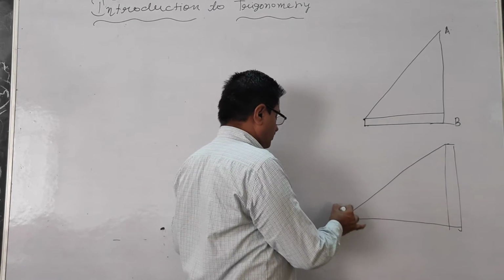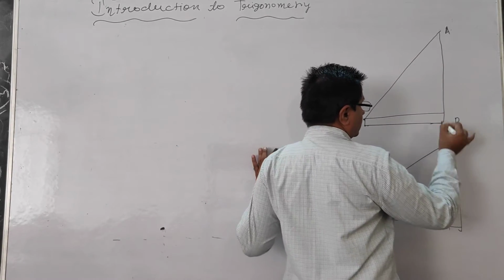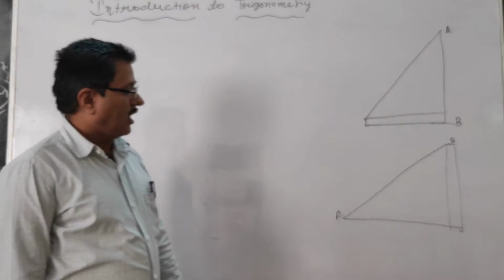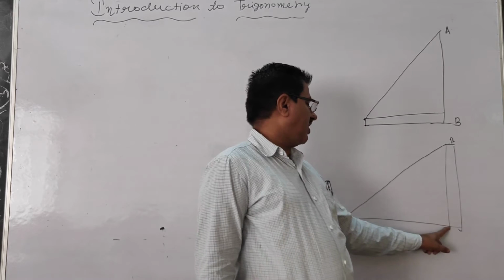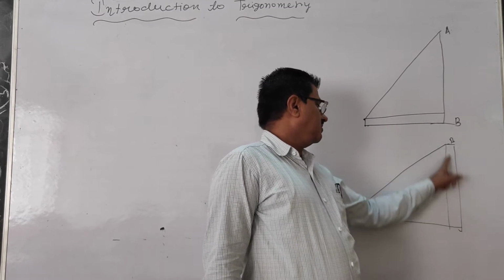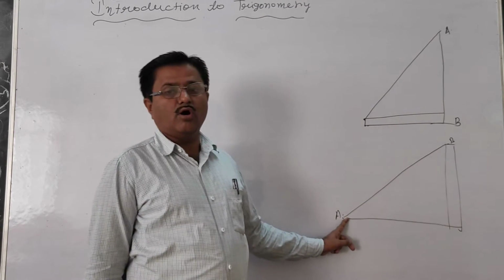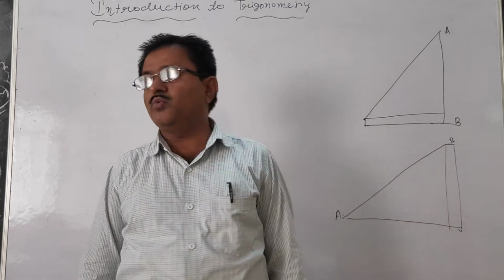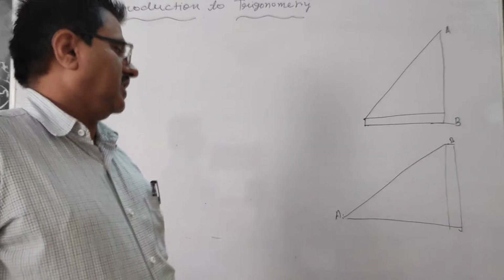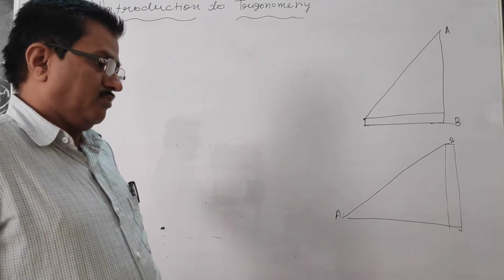Then, without measuring, how can we find the distance between the building and this object? These are the situations where we have to find the distance between the object and the building.